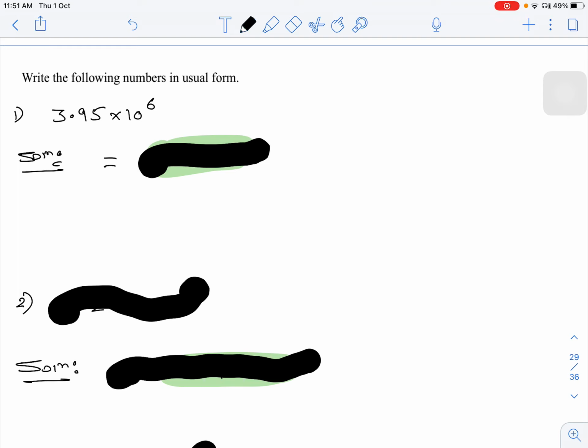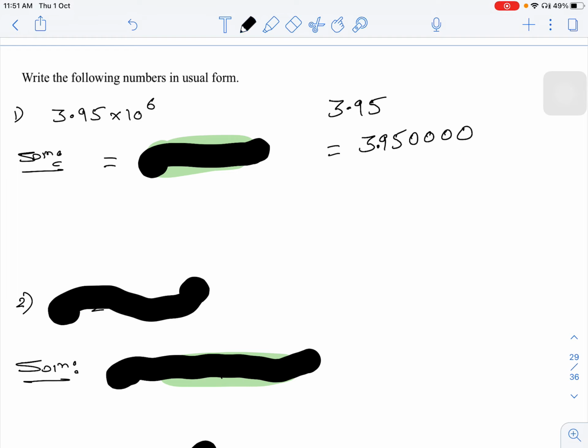Okay, now this 3.95 can be written as 3.95, and now 1 2 3 4 zeros you can give as per your requirement. Now 10 raised to 6 means we have to move this decimal 6 digits to the right. So 1 2 3 4 5 6.